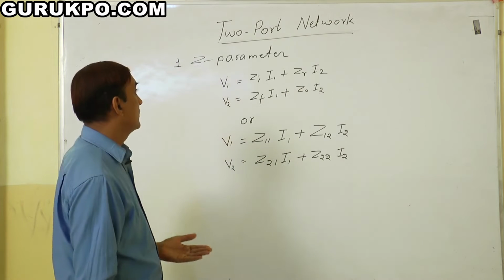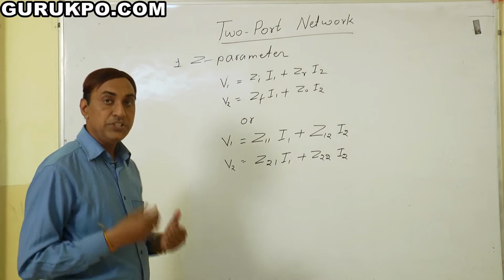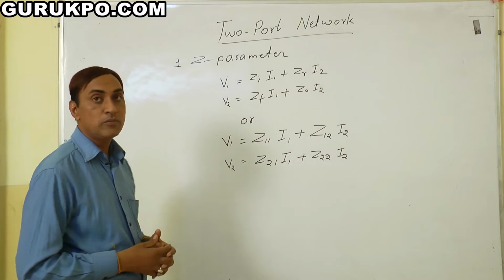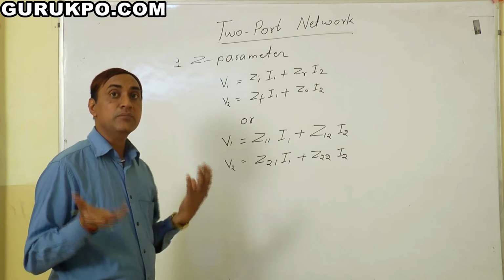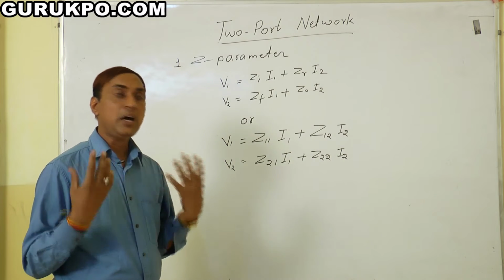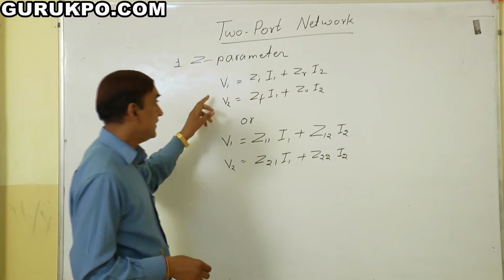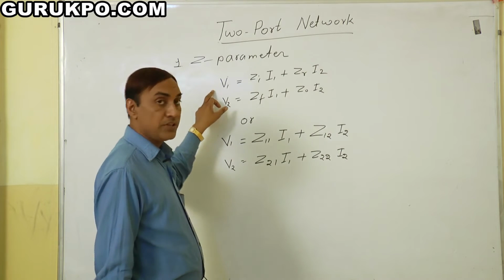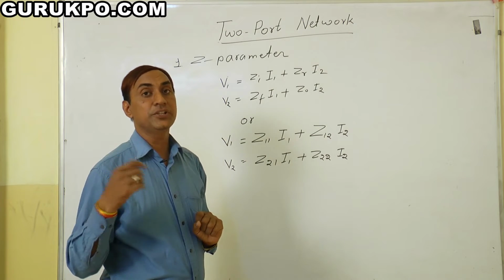We discuss the first parameter, Z parameters. It means we write the equation in the form of Z. Z means impedance, impedance on both sides, input side and output side. That's why we say Z parameter. First we see the equation for V1. V1 is at terminal one, the input side.